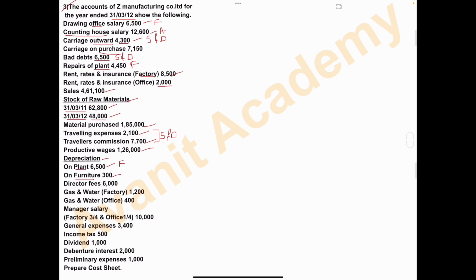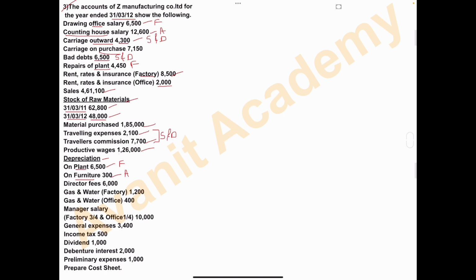Furniture is used in the office. So this depreciation on furniture, rupees 300, we will take under the head administrative overhead.